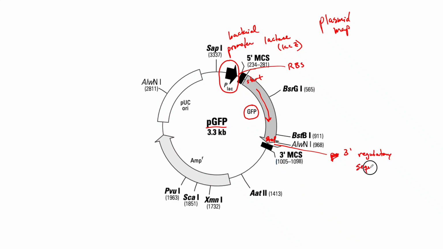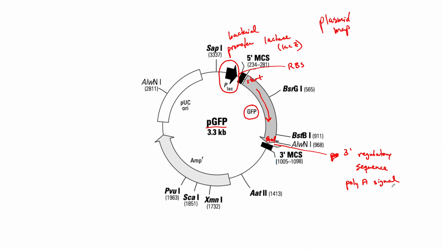And this may include the poly A signal. Now the reason I say it may include, and I'm not for sure if it does, is because some bacteria don't require the poly A signal in the transcription of their mRNAs. But because it has that promoter, if you put this plasmid into bacterial cells, they would produce GFP.